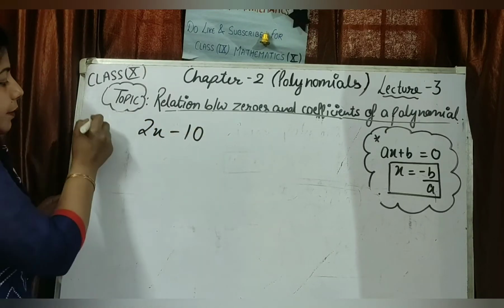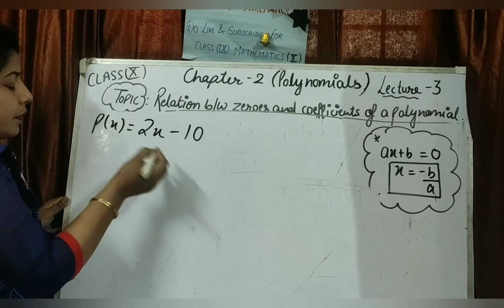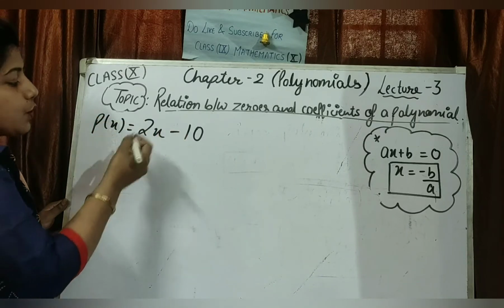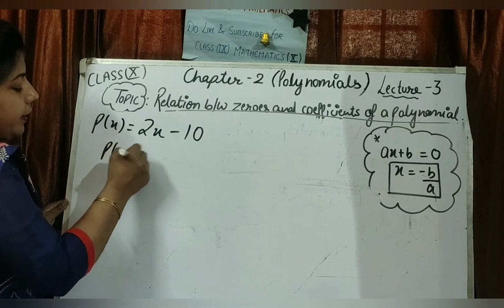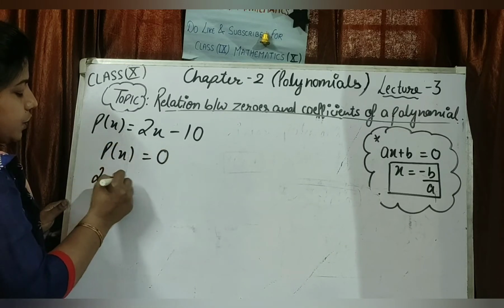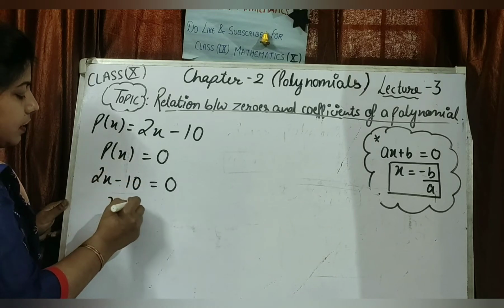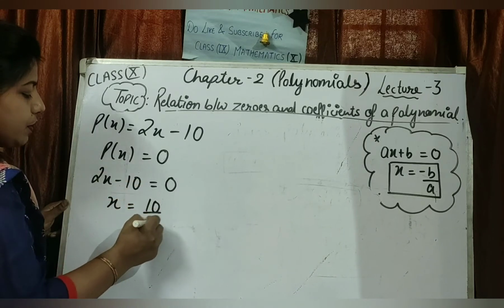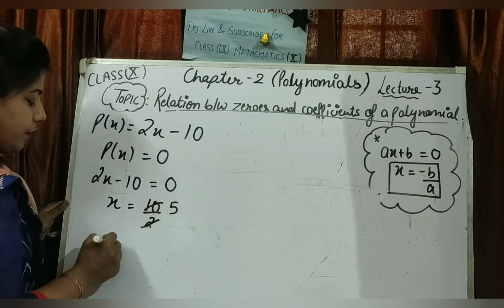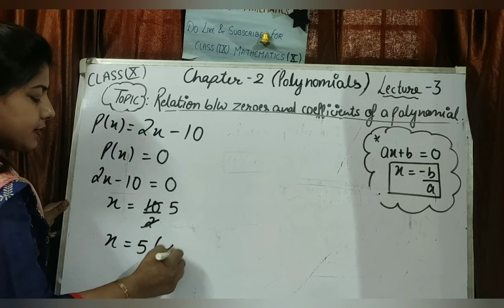Suppose this is a linear polynomial, 2x minus 10. To find the zero, I equate this polynomial with 0. It means 2x minus 10 is equal to 0. When I find the value of x, I get 10 upon 2, that is 5. Let it be alpha.